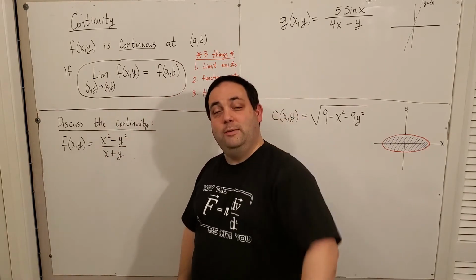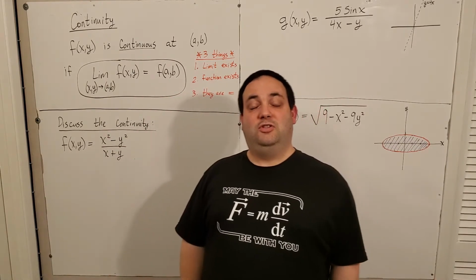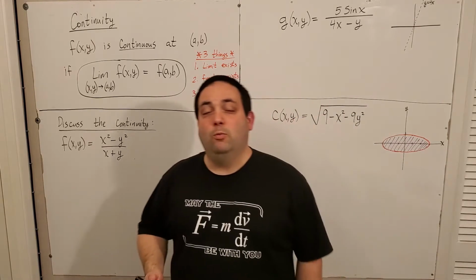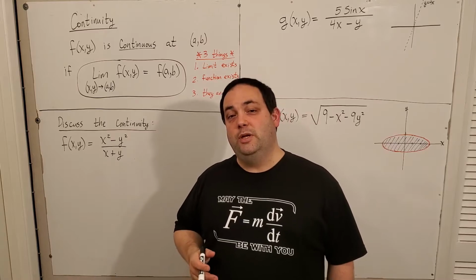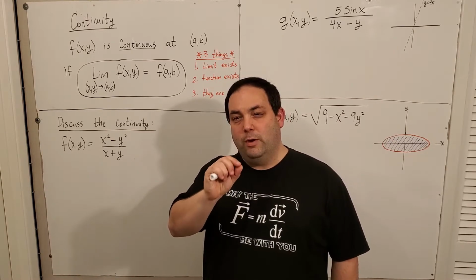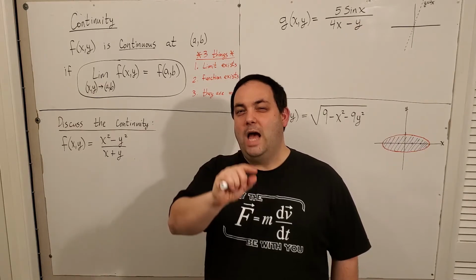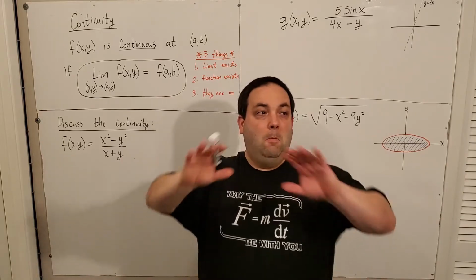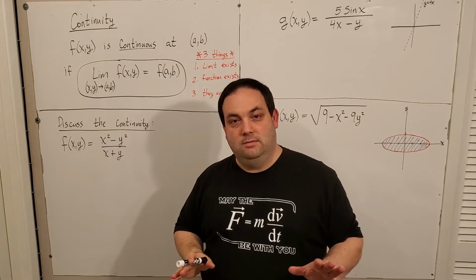I can plug the point in most of the time just to get the value of the limit. Okay? So really, when we're talking about discuss the continuity of a function, we're really saying, hey, find those few rare points where it's not continuous, because pretty much everything we study is mostly continuous, right?